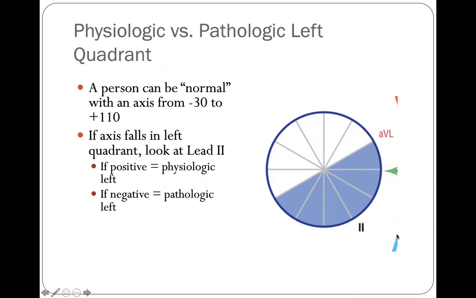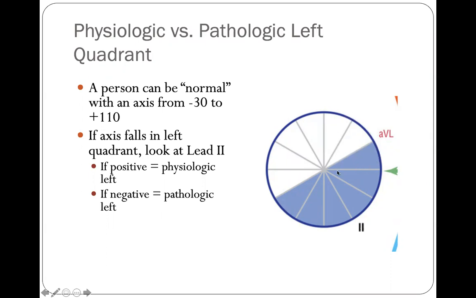So in the situation where you have looked at leads 1 and AVF and determined that lead 1 was positive and AVF was negative, then you would be in the left quadrant from 0 to negative 90. That's great.